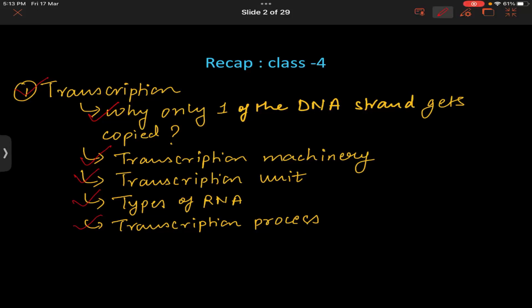So in this way, the transcription process happens, and after it reaches the terminator zone, the RNA polymerase gets removed. So for the transcription process, there are certain factors, right? We looked into what are the roles of those factors, like sigma factor, rho factor. So this is a short recap on what we studied in the previous class.